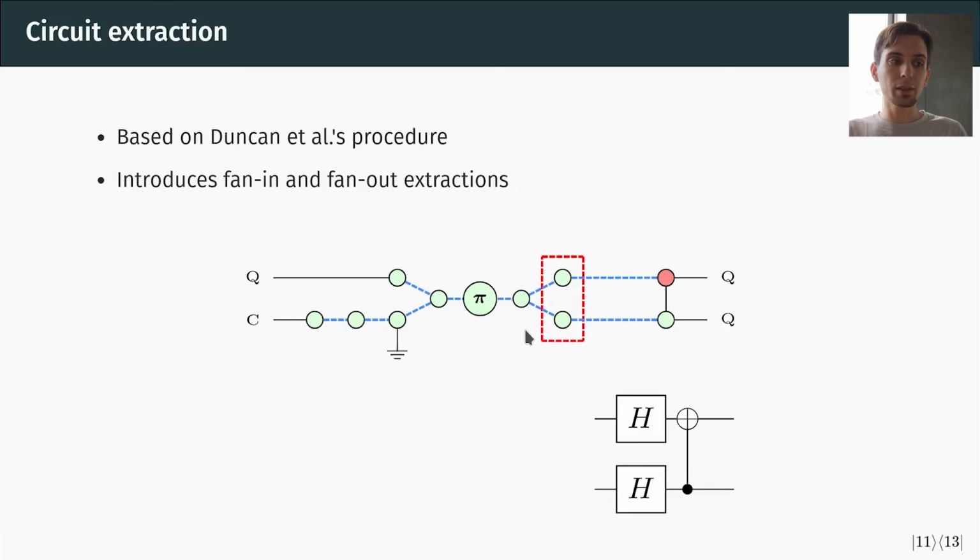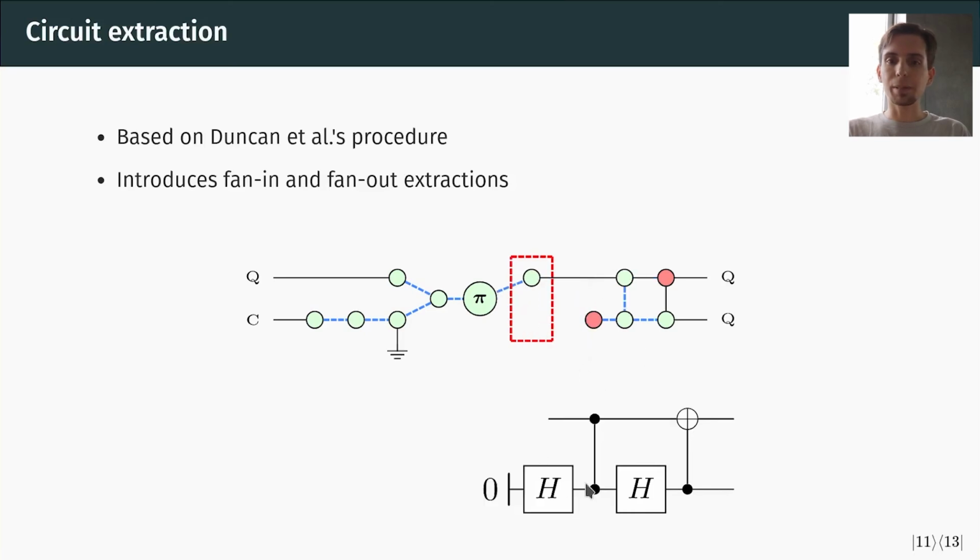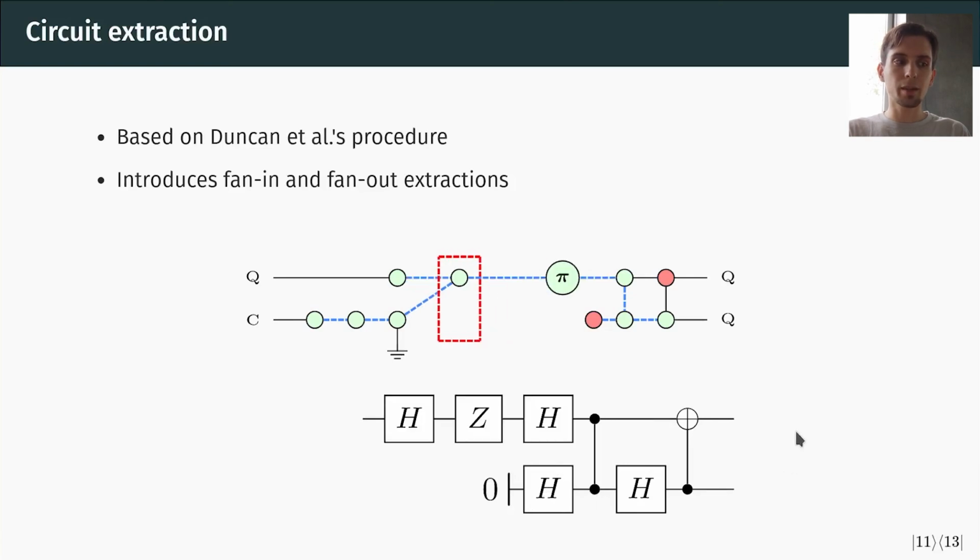The first one is the fan-out, where we have a single unextracted spider that's connected to multiple spiders on the border. This can be interpreted as initializing some new qubit and then applying some Hadamards and controlled-NOTs. The other special case is the fan-in, where we have multiple unextracted spiders connected to a single spider on the border.